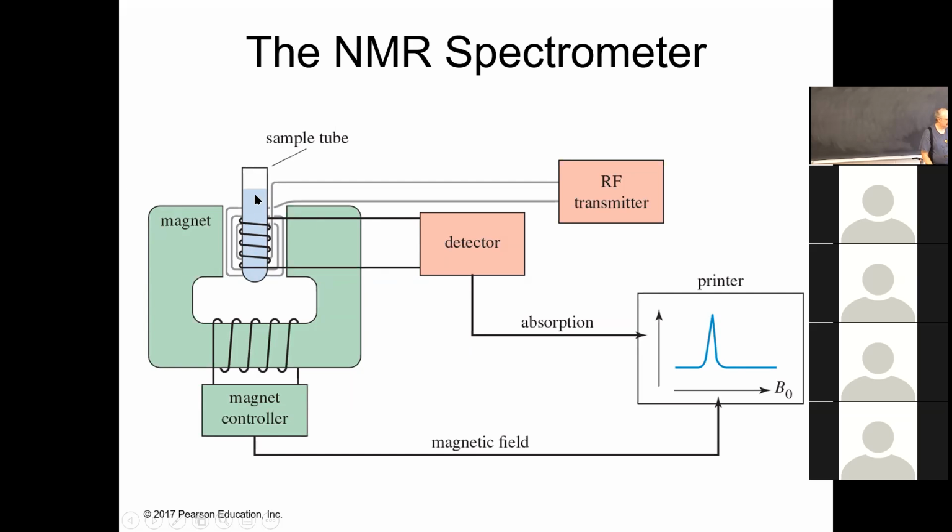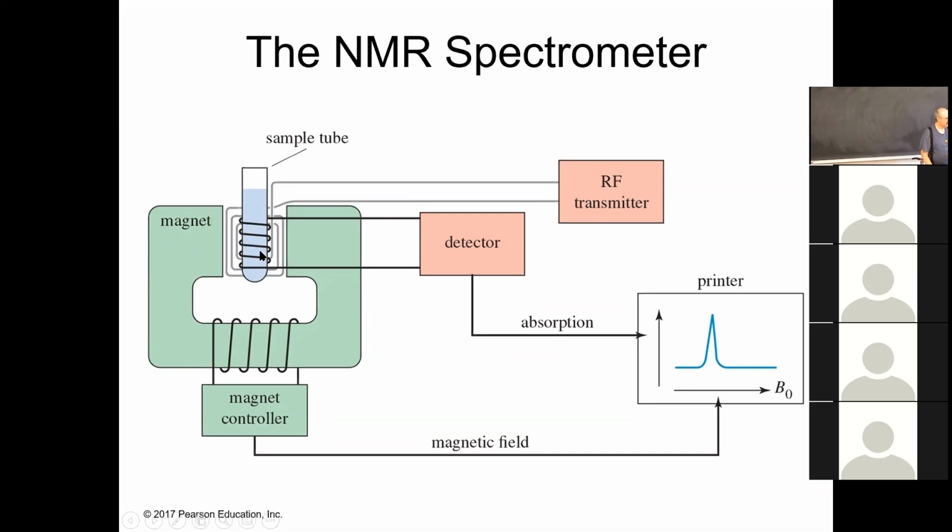We have a sample tube, which is placed down in this probe. And these sample tubes are prepared to a very high degree of precision and tolerance. They have to be perfectly straight, perfectly round, with very uniform wall thickness, because they're spun around at 60 times per second.